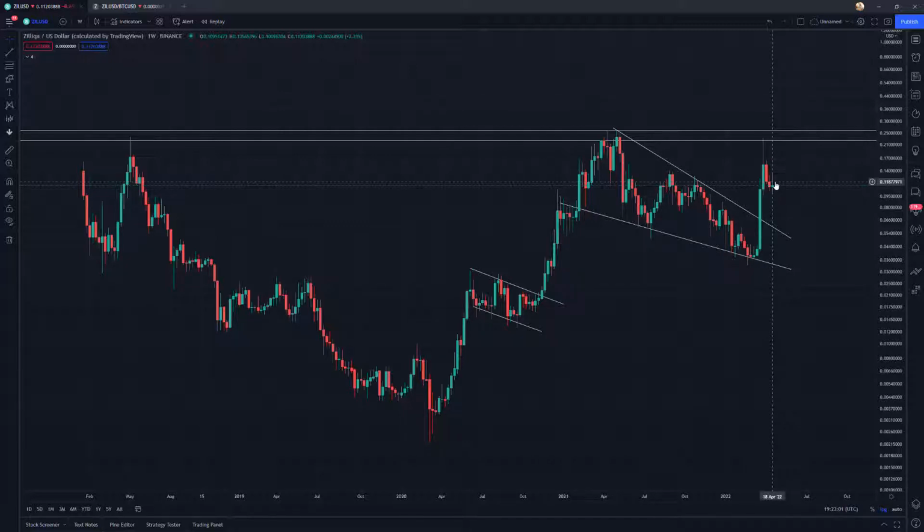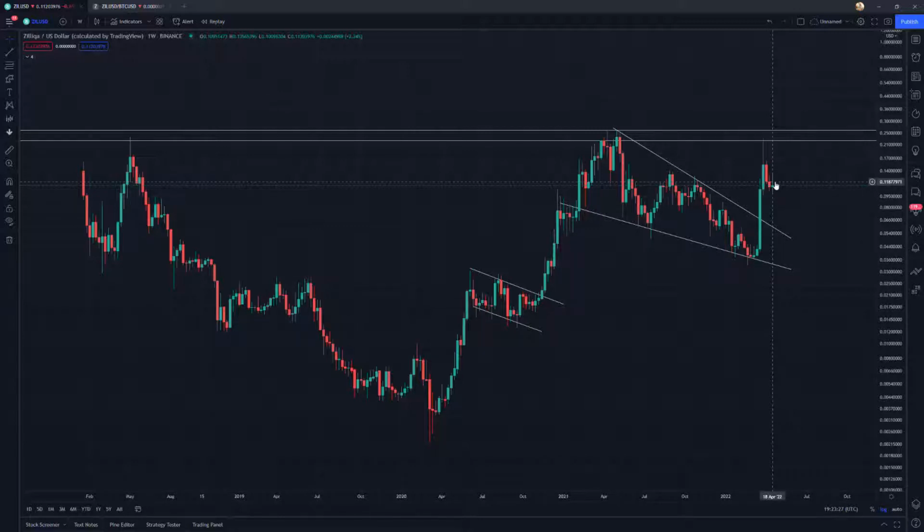This gives you an idea of the price moves Zil is able to make. Considering that this is a much smaller market cap, it's capable of these extremely quick moves because it takes less money to move it from lower valuations up to really high valuations, as opposed to something like Bitcoin with a $700 billion market cap. A falling wedge pattern is very bullish, and normally it leads to breakouts to the upside.